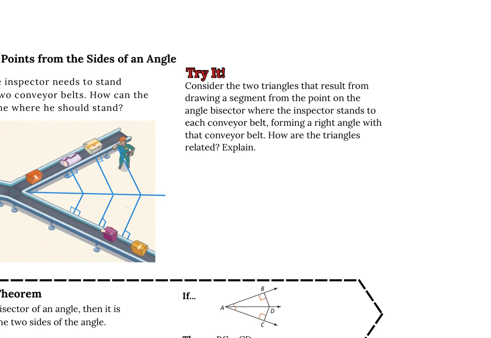I know that I am bisecting this angle, so I'm creating two congruent angles, and this side is congruent because it is the same thing, and we're using the reflexive property. So they would be congruent by angle, angle, side.